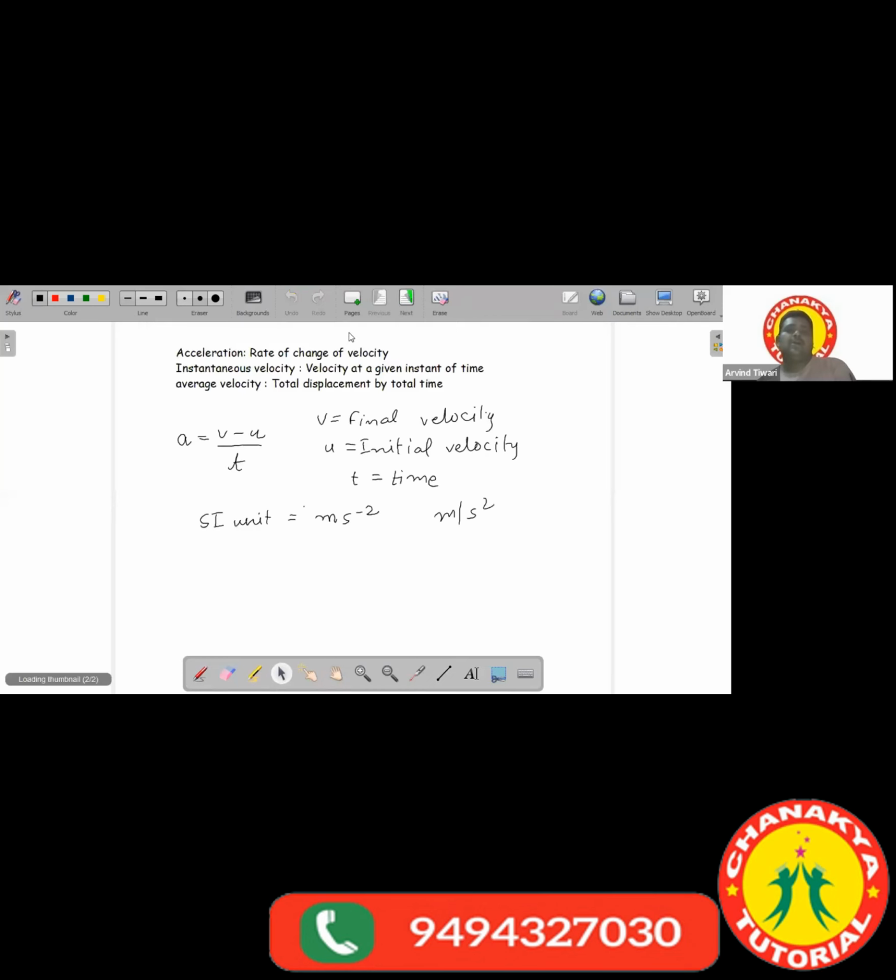Sir, can we use the SI unit of acceleration to find the acceleration? You want to use the SI unit to find the acceleration? Yes, sir. No, the SI unit we will be using it. See, it's something like this.